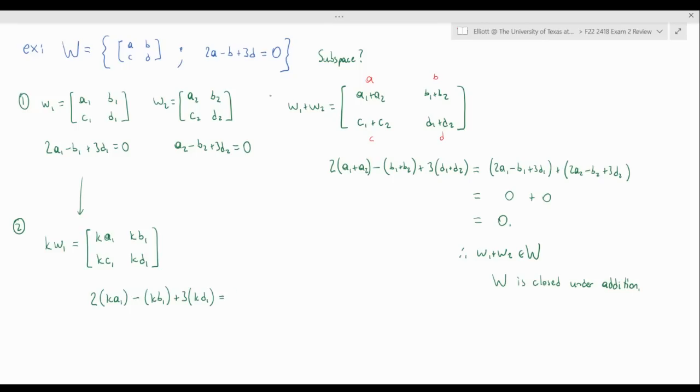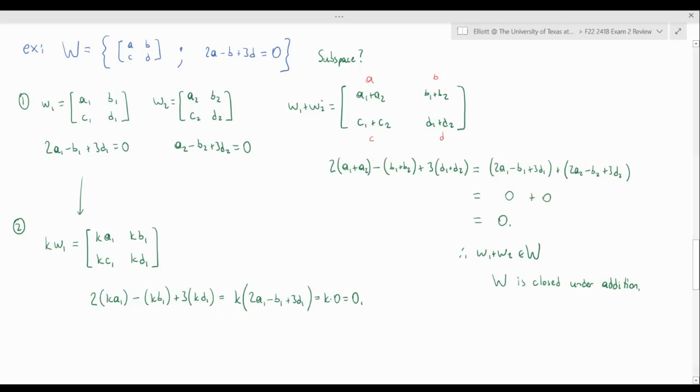So in here, we can pull the K out of everything. If you factor it out, you'll be left with 2A1 minus B1 plus 3D1. And that expression in the parentheses, again, is going to be equal to 0. So therefore, this is K times 0, and so it's equal to 0 altogether. Okay. So we see that K times W1 satisfies the same condition up here.